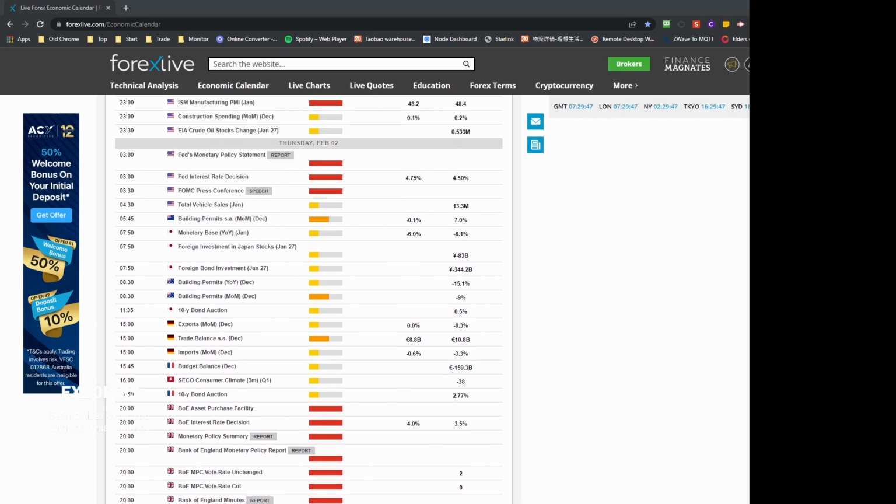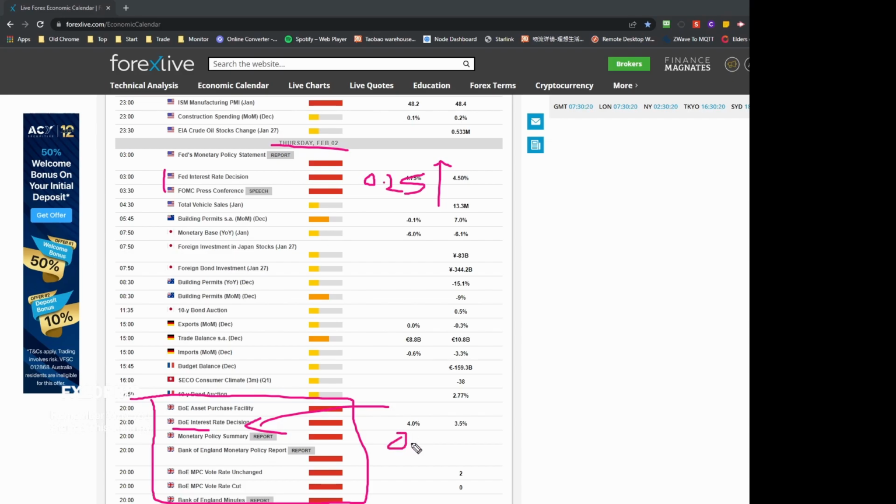Following the Thursday, after the FOMC, the morning following, you have the GBP interest rate. US expected 0.25 increase.